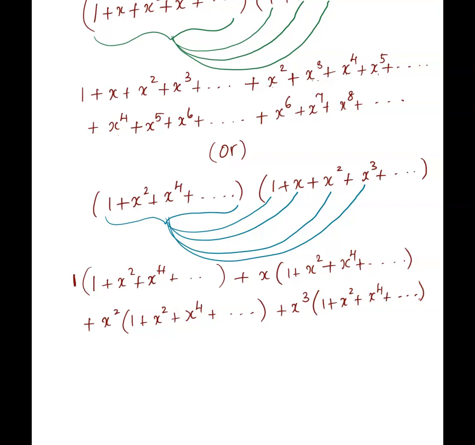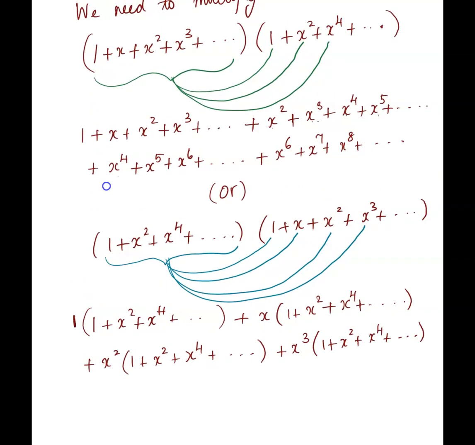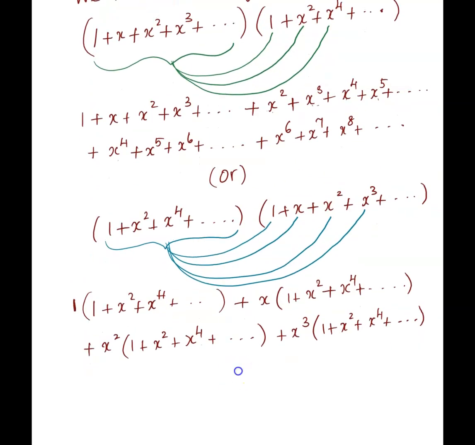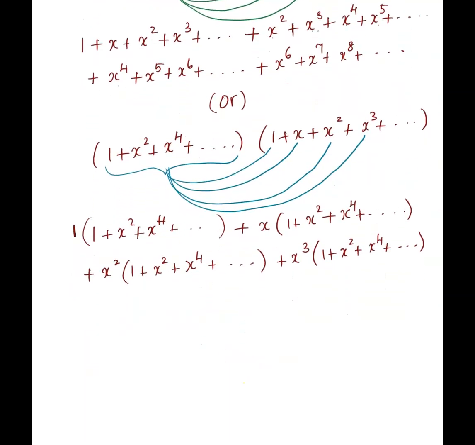The advantage of using this method, okay, is that you have the 1 times the series plus x times the series. That this part is the same, right, throughout, and you have the 1 plus x squared format.